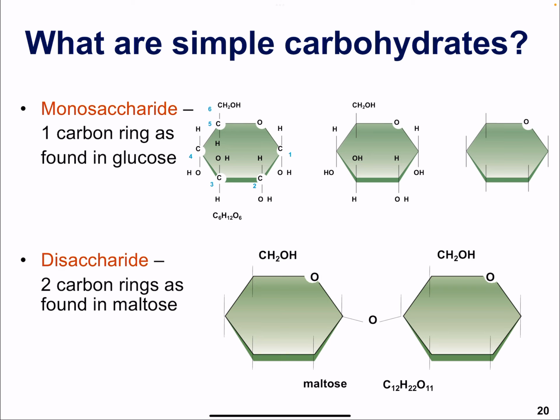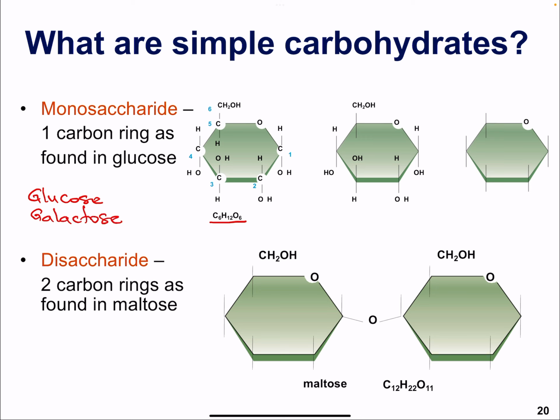So, what are some examples of monosaccharides? Here, we are going to have a molecule with 6 carbon atoms, 6 oxygen atoms, and 12 hydrogen atoms. An example of monosaccharide is going to be glucose. Glucose is C6H12O6. I want you to remember that. Another molecule that has the exact same formula is galactose.